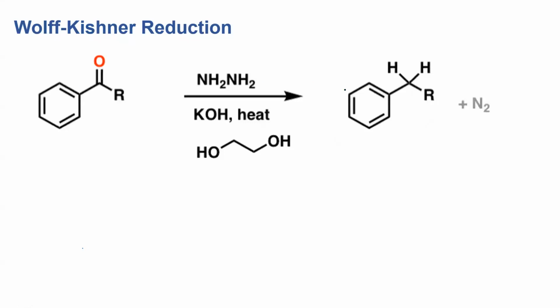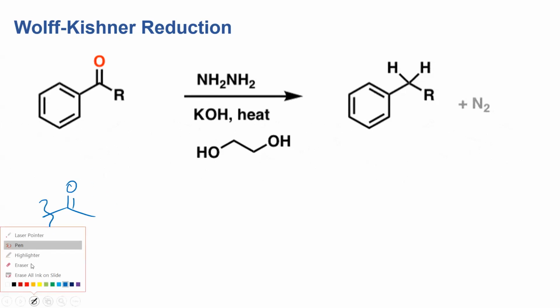Wolff-Kishner reduction, you will have C double bond O. It doesn't matter whether you have aldehyde or ketone. For both the carbonyl compounds, you can do this Wolff-Kishner reaction.